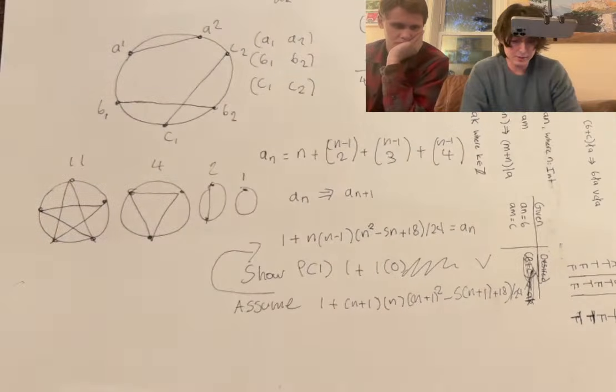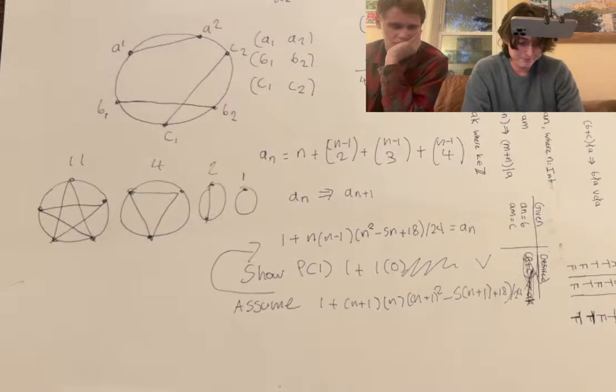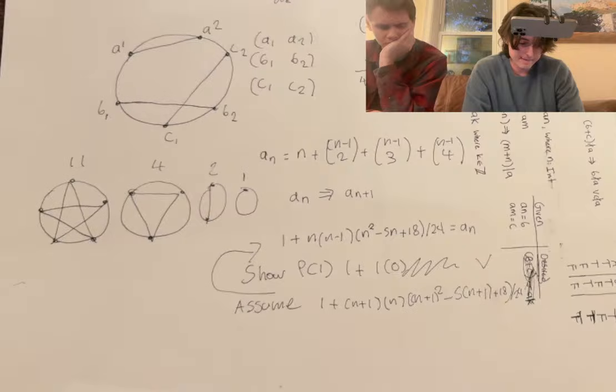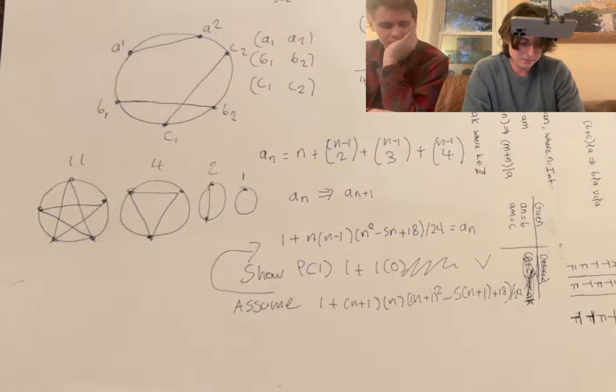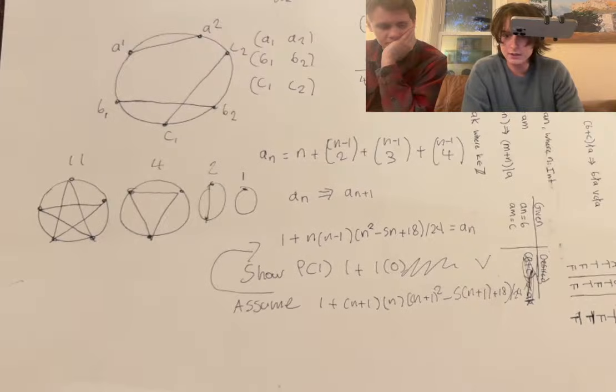Which means that this is going to be in terms of n. This difference is 7. Is this? Yeah. That's tough.